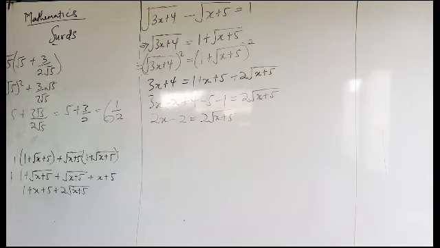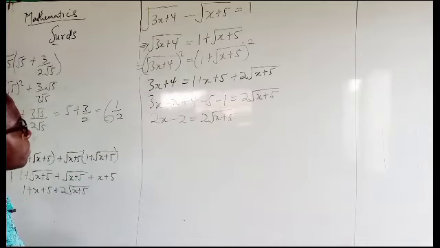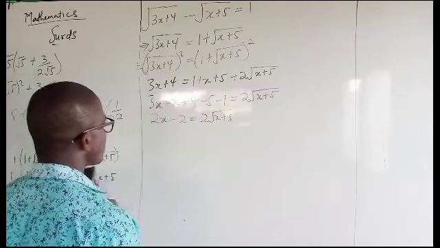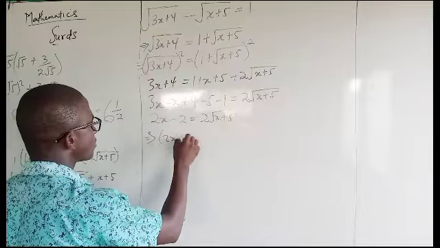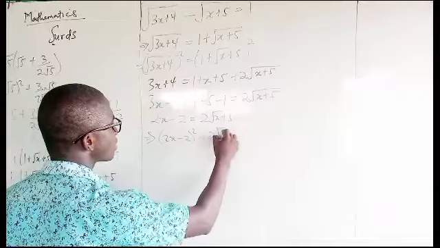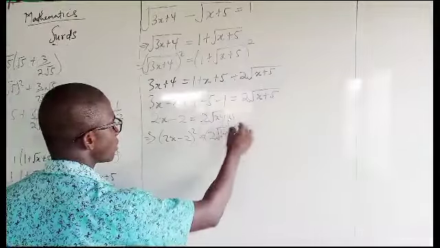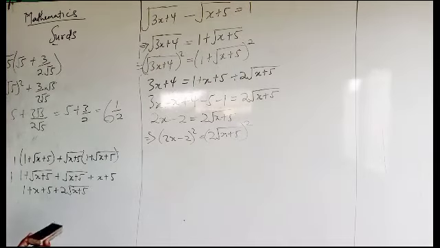Okay, now the next thing we have to do is to still cancel the square root over there. So we have to square both sides. Let's square both sides.